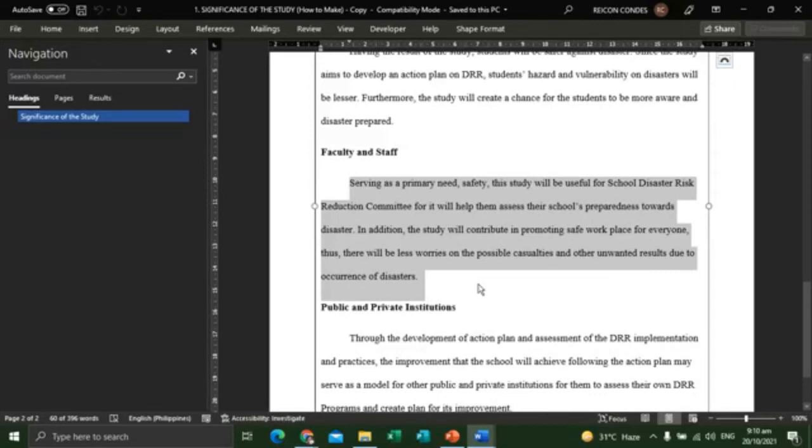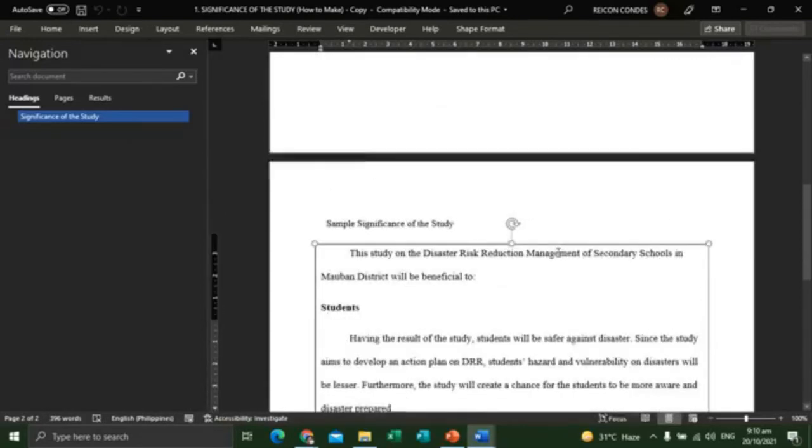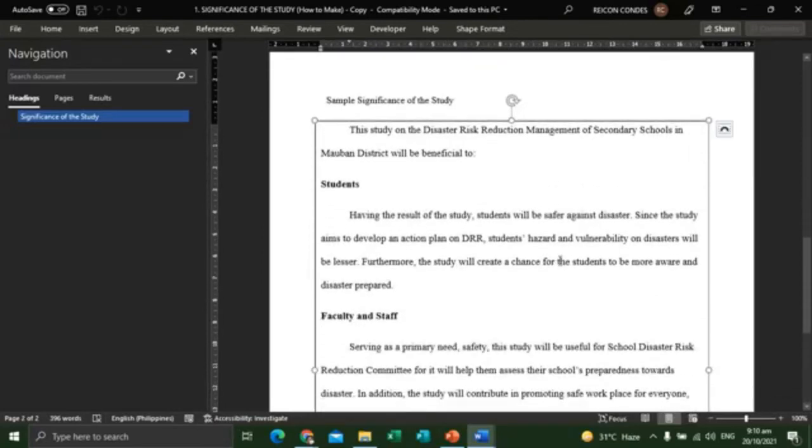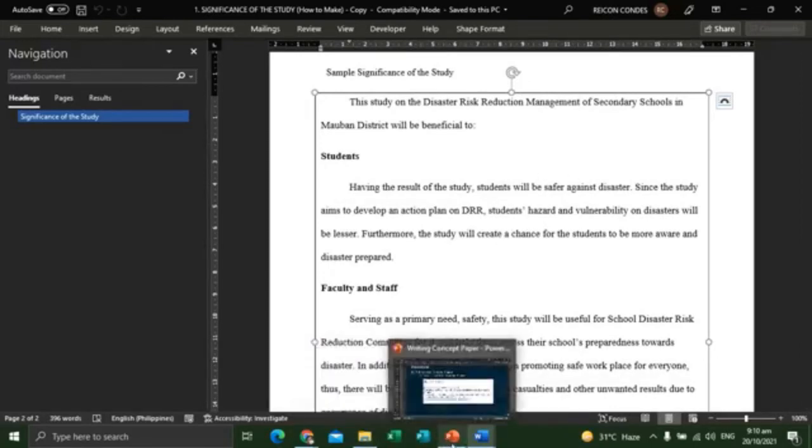Ano, wag masyadong idealistic, but make it realistic. Group of people and how they will benefit. Yun ang ating gagawin. On our concept paper sample, makikita natin mamaya kung paano nag-interplay.